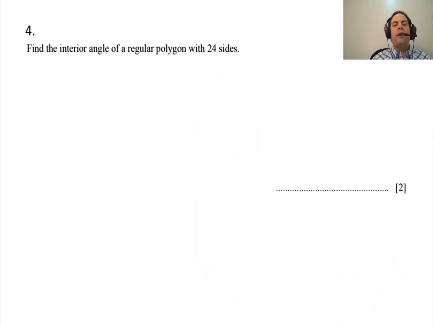Question number 4. Find the interior angle of a regular polygon with 24 sides. If we have here a regular polygon, let's say this is the interior angle and this is the exterior angle. As you know, interior angle plus exterior angle at any vertex is equal to 180 degrees.